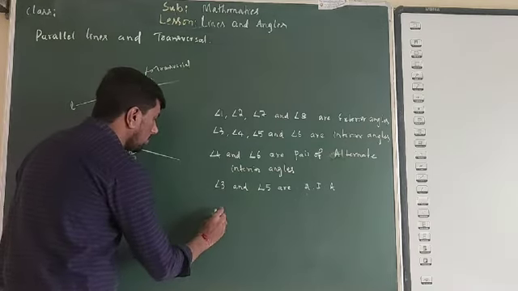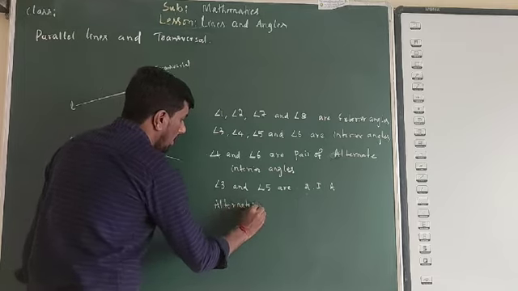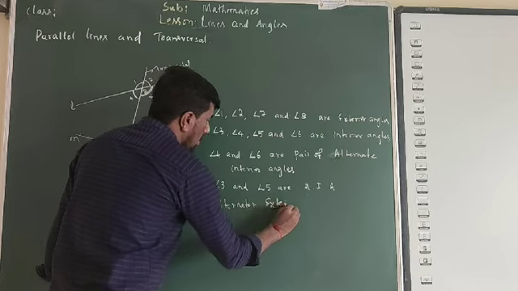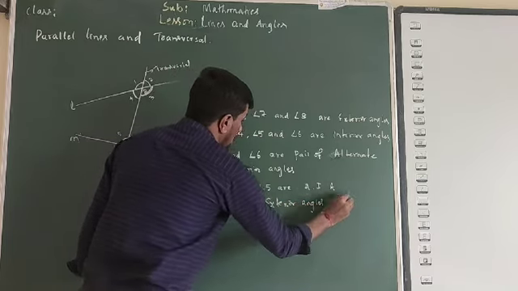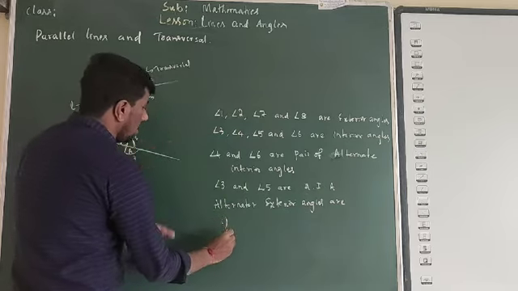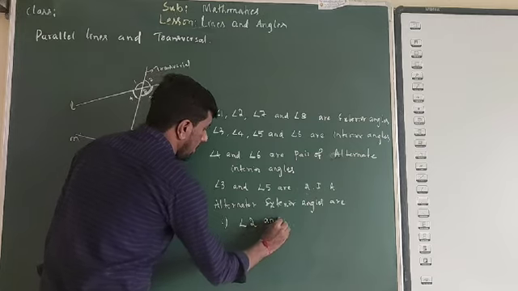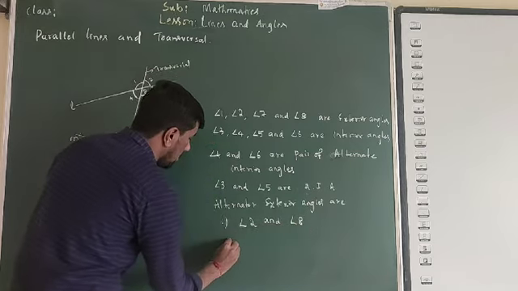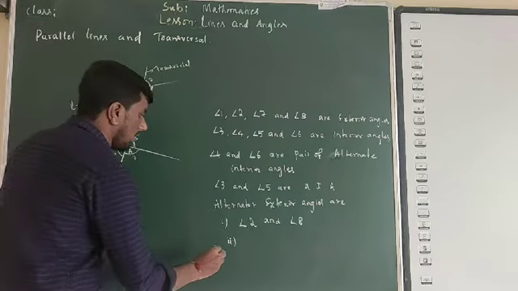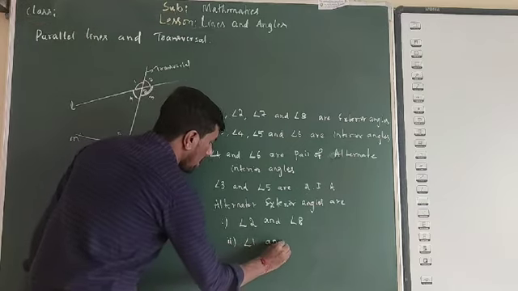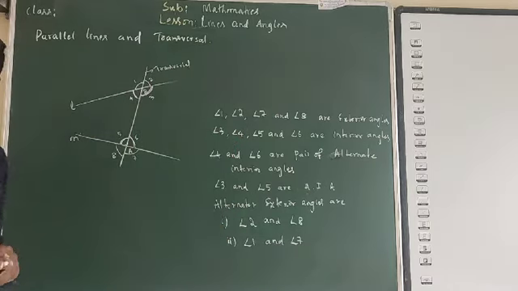Therefore, the alternate exterior angles are, first one, angle 2 and angle 8. Second one, angle 1, angle 7. So these two pairs are alternate exterior angles.